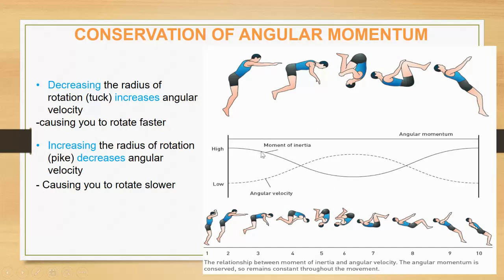Yes, the angular velocity is changing, and yes, the moment of inertia is changing, but overall, there is the exact same amount of momentum split between those two things throughout. That's why there's this straight line here. It's showing that the overall angular momentum during a somersault does not change. It's the moment of inertia and the angular velocity that change, but the product of those two is exactly the same throughout.